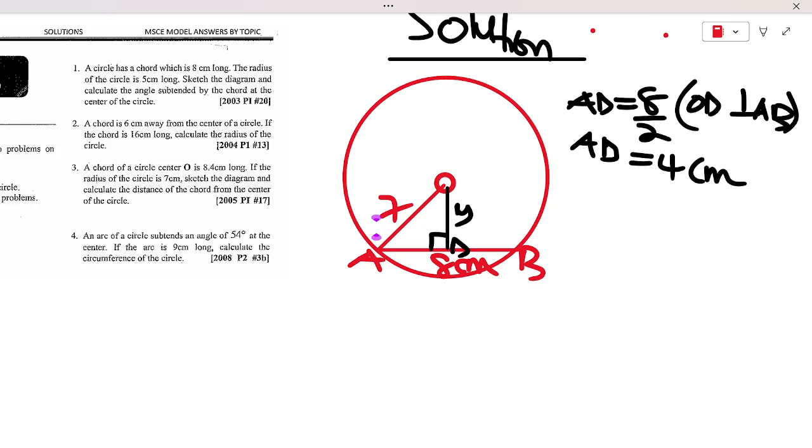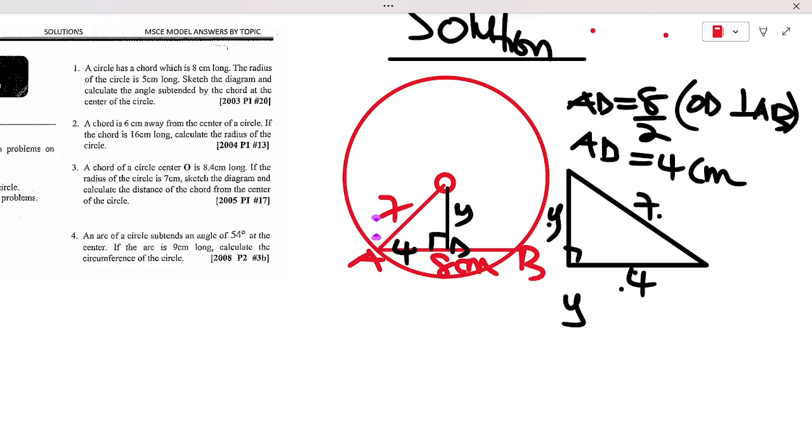This is 4 centimeters, this is 7, and this is Y. In a right angle triangle like this one, if you square the two shorter sides, here you have 7 and 4, and they want you to find the other side Y. So Y squared plus 4 squared is equal to 7 squared, according to Pythagoras theorem.